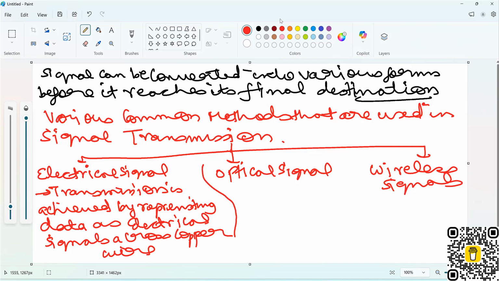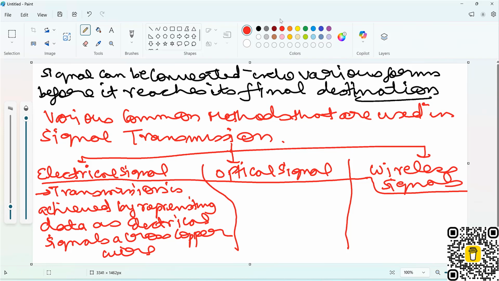Whenever we talk about the electrical signal, the data is represented in the form of an electrical signal, and this electrical signal is transmitted across the copper wires.